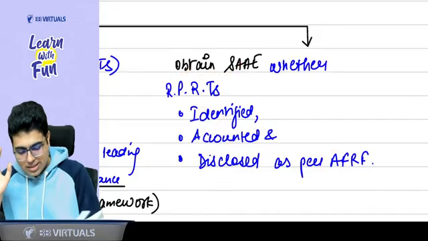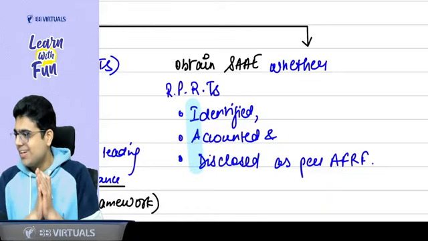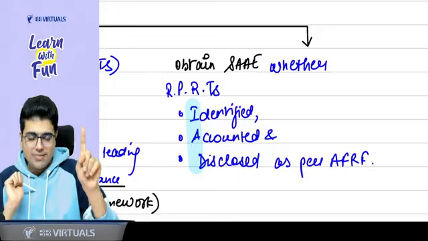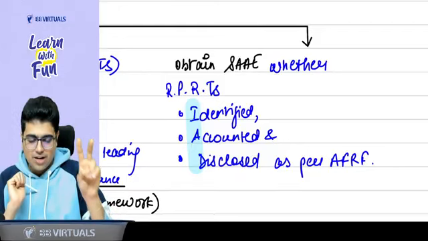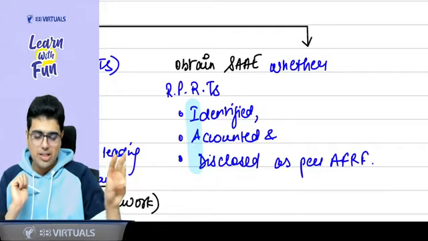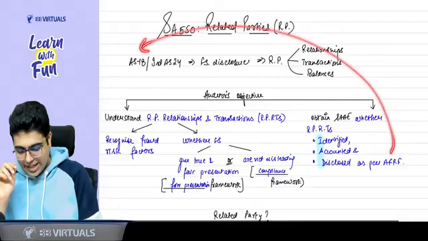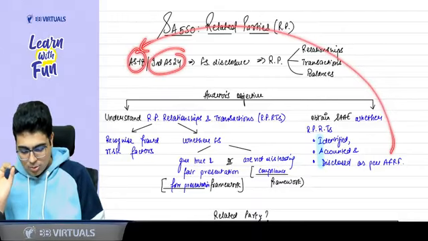So remember these three keywords: IAD. RPRTs are IAD. IAD means identified, after identified accounted, after accounted disclosed as per the applicable FRF. Now what is the applicable FRF? I just told you, AS 18 or Ind AS 24.